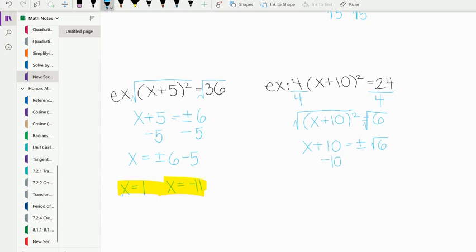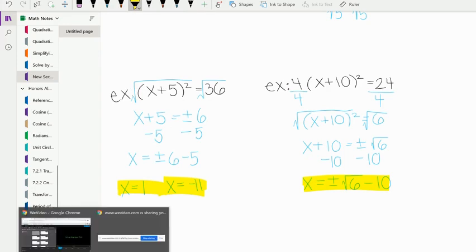And the last step we do is subtract 10. So we get x equals plus or minus the square root of 6 minus 10. Now in this one, we're actually done because we can't really combine the square root of 6 minus 10, so we just leave it. But keep in mind that's two answers. It's root 6 minus 10 and negative root 6 minus 10. So this is solving by taking the square root.